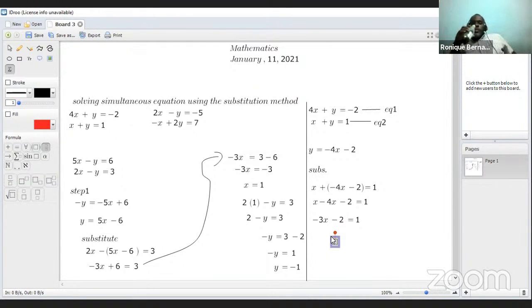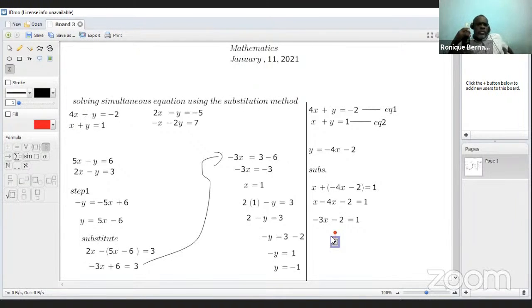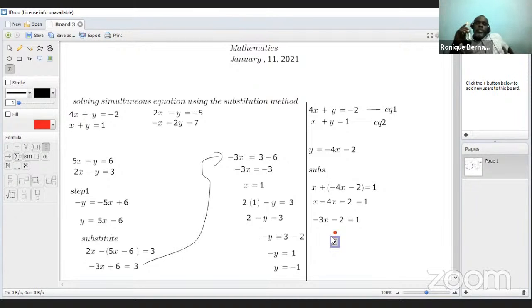And what is that number? 3. Two from 3 gives you 1.